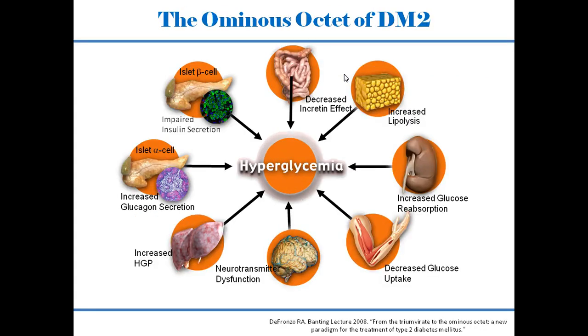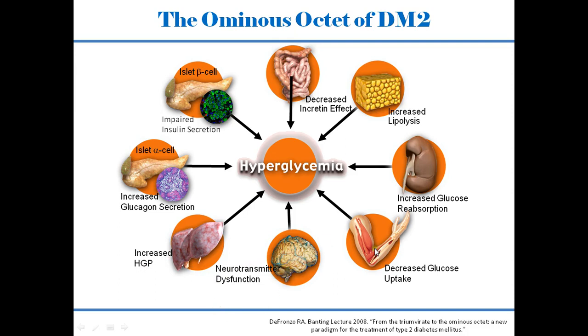So there is the ominous octet of DMT. Diabetes mellitus has an ominous octet. This is the mechanism by which hyperglycemia is taking place in diabetes mellitus type 2. So we have impaired insulin secretion, and there is increased glucagon secretion, which we have talked about. There is increased hepatic glucose production by the liver. There is neurotransmitter dysfunction.